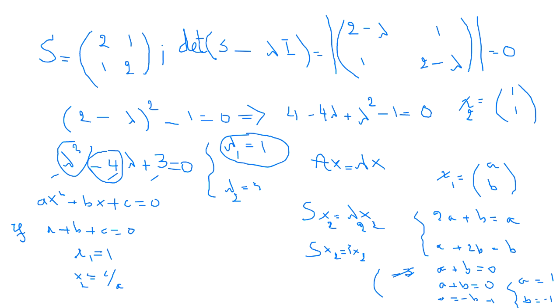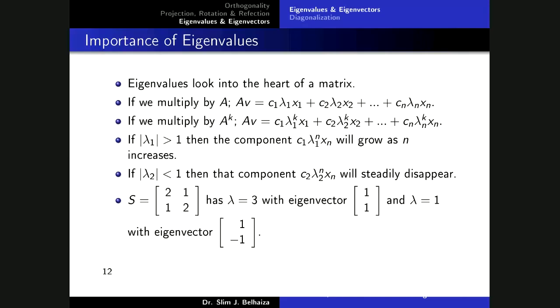Okay, so I'll switch back now to my slides. So again, we're talking about this matrix, and we try to dive deeper into what the eigenvalues mean for a matrix.